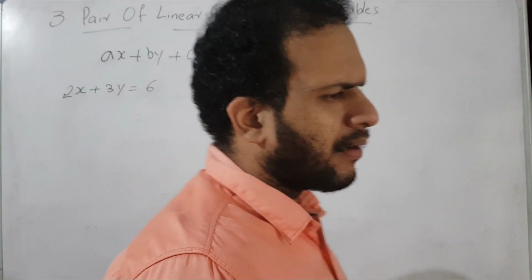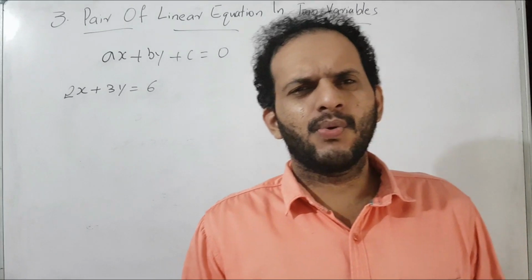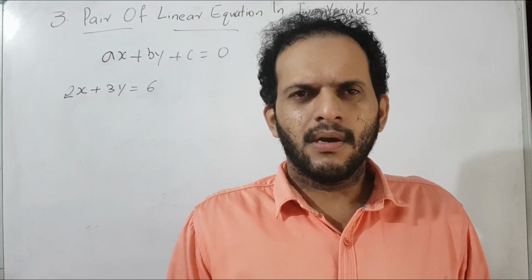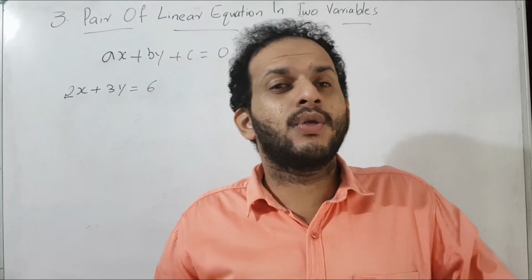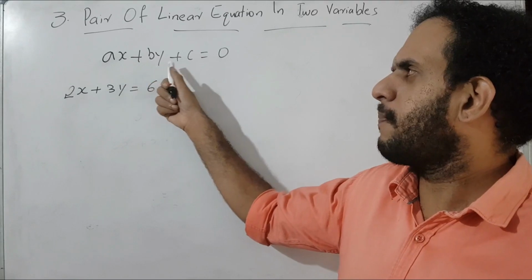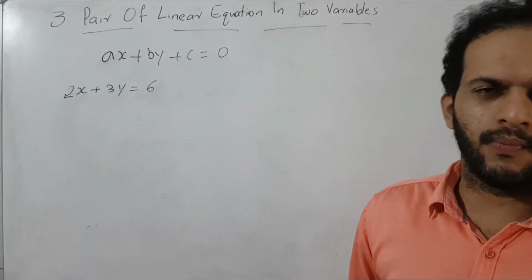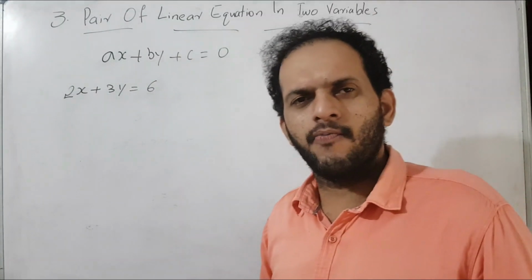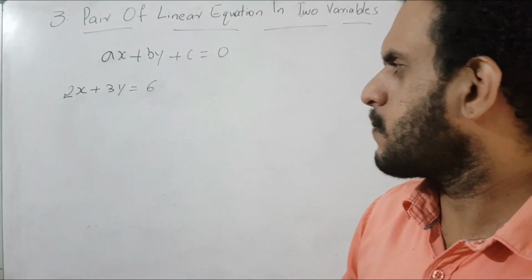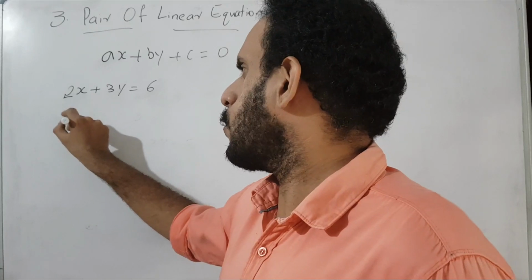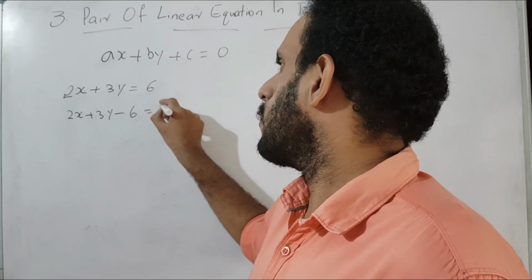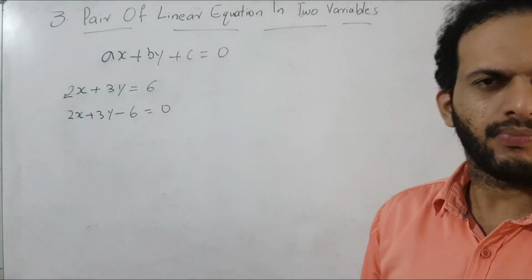If we start with an equation like this, first, as we learned last year, we make it into the standard form ax plus by plus c is equal to 0. For getting the standard form, we just transpose 6 to the left. Then what do we get? 2x plus 3y minus 6 is equal to 0.